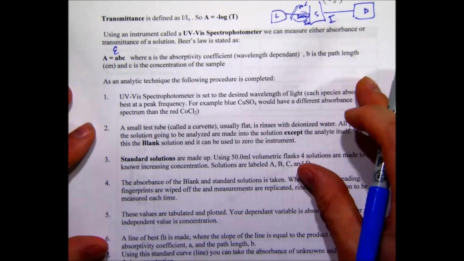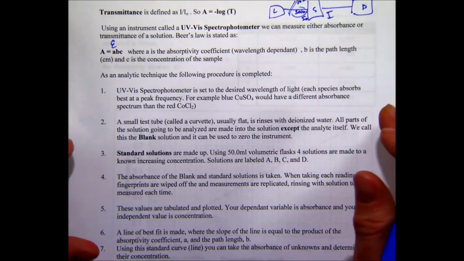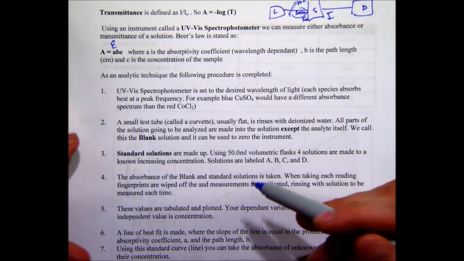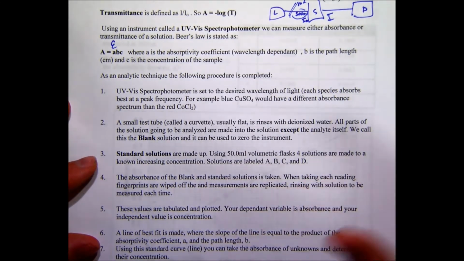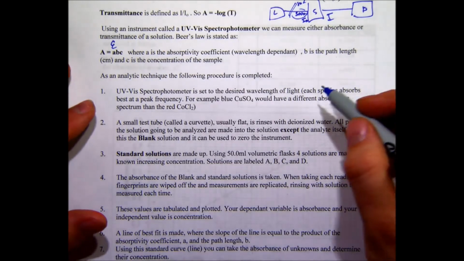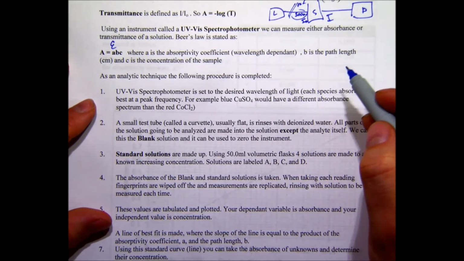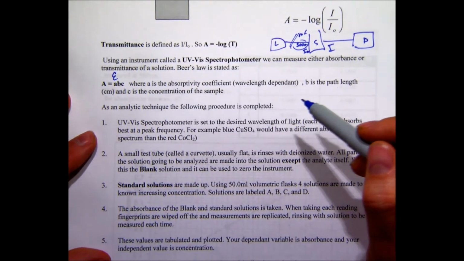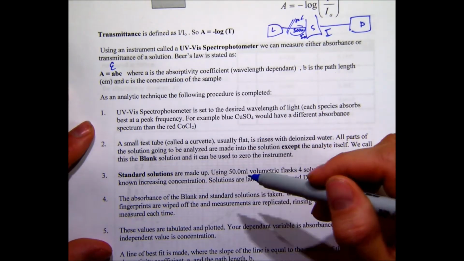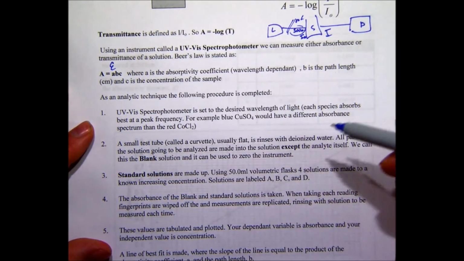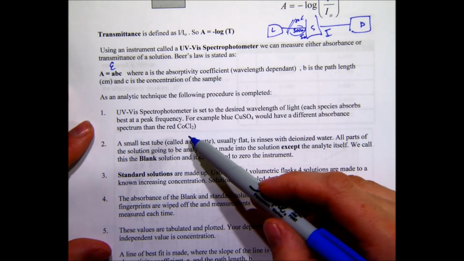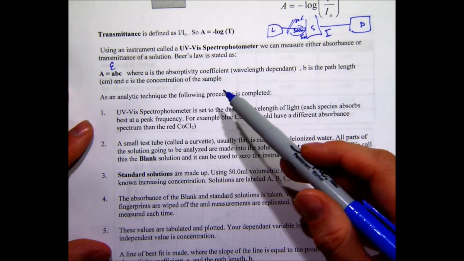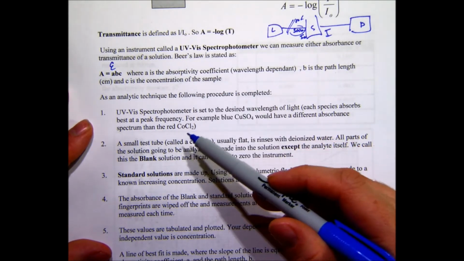So here's how the technique would work. We have the instrument and we obviously plug it in, you turn it on to warm up for about 15 minutes, and then you adjust your monochromator, this thing, to a peak frequency. Now the peak frequency is dependent on what you're trying to measure. So the blue copper sulfate would be different than the reddish cobalt chloride, which would be different than the potassium chromate, which is yellow.